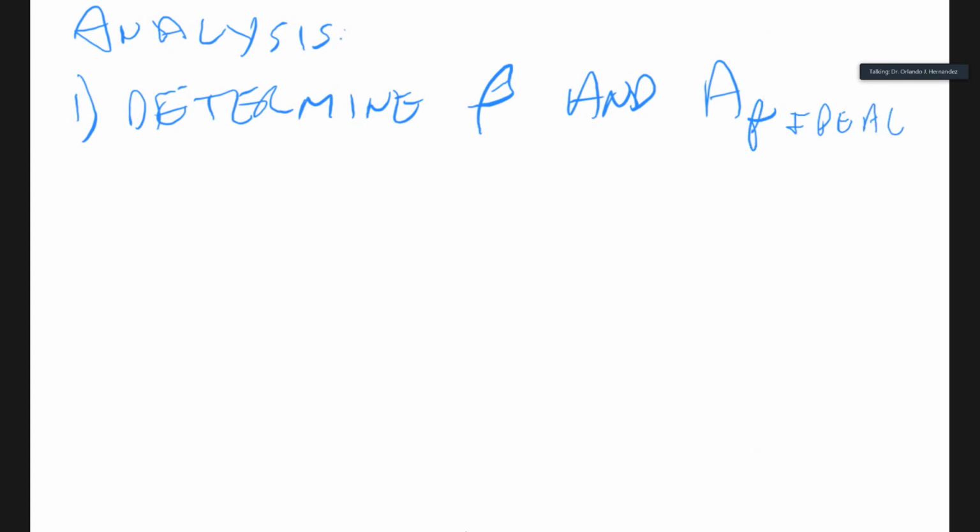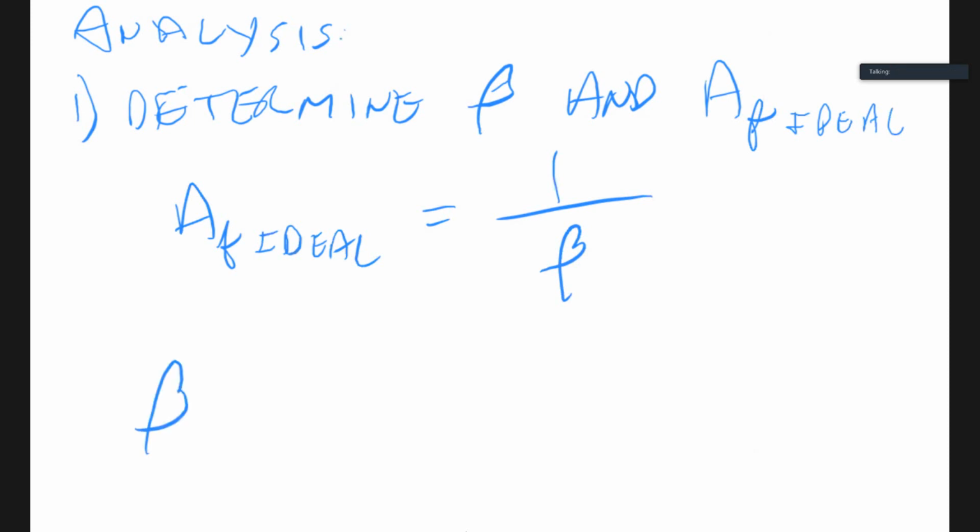And we can do that because remember that the ideal gain is just 1 over beta. And if we go back to the general system diagram, we remember that beta is the transfer function of the feedback network.